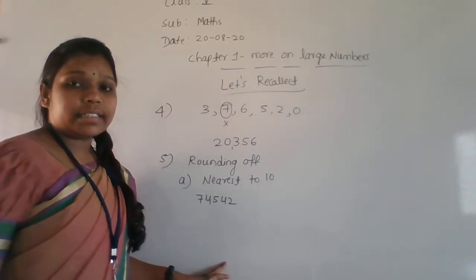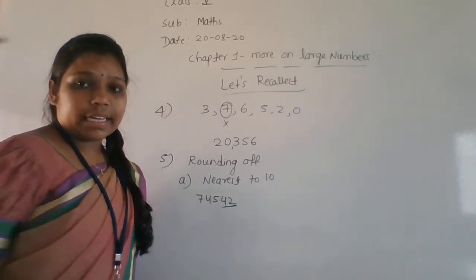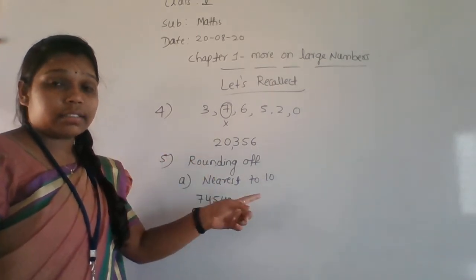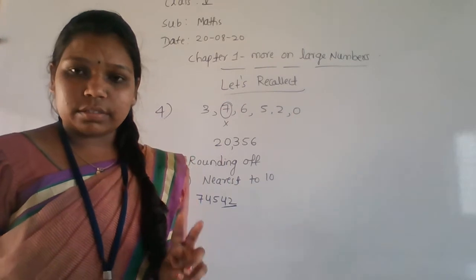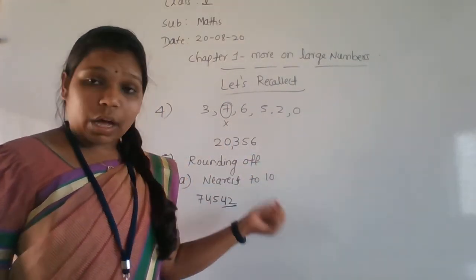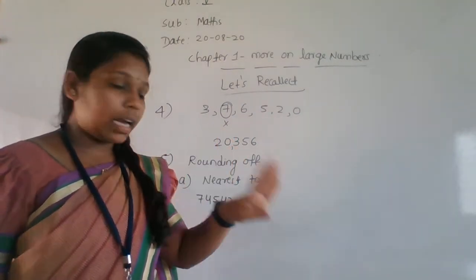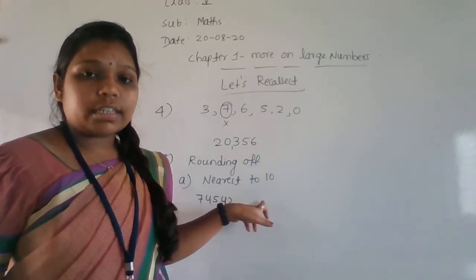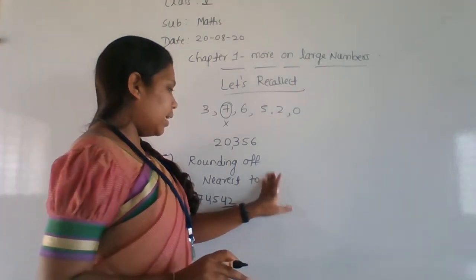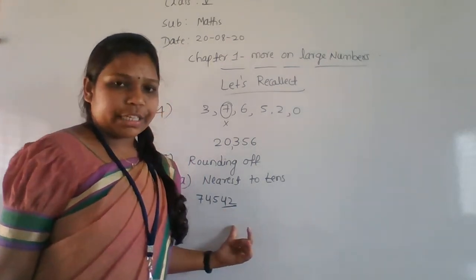And nearest tens means we have to take only the last 2 numbers. Getting everyone? Tens means you have to take the last 2 numbers. 100 means you have to take the last 3. If it is 1000, then you have to take the last 4 values. Okay, but here they told nearest tens, so I am taking the last 2. That is 42 I am taking here.